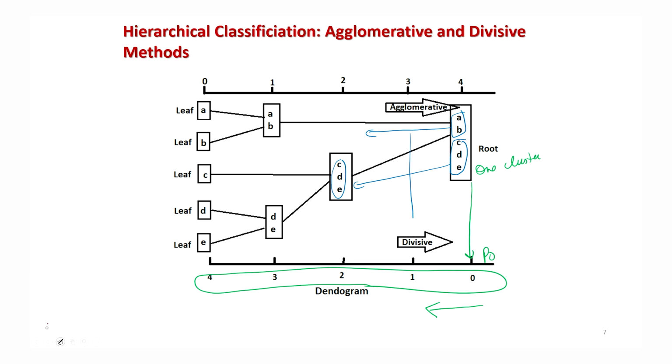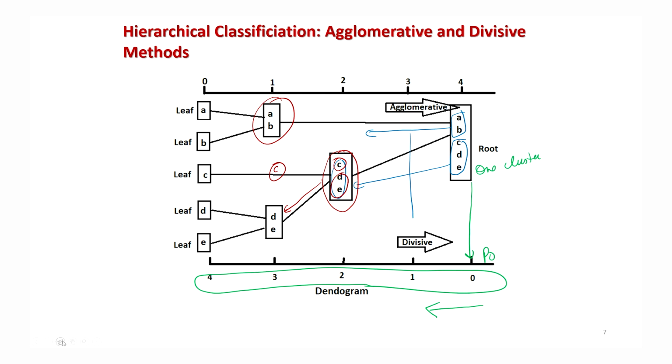Now in the next stage, we look at the C, D, E cluster, and suppose it is divided into two clusters, one containing D and E and another containing C. C will continue, and AB is continuing as AB.